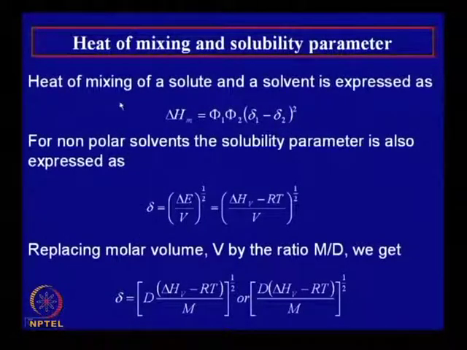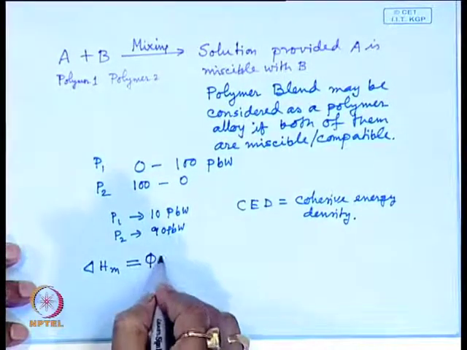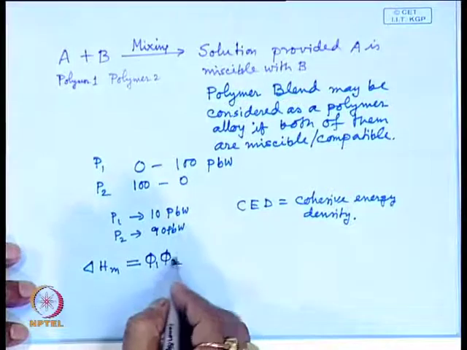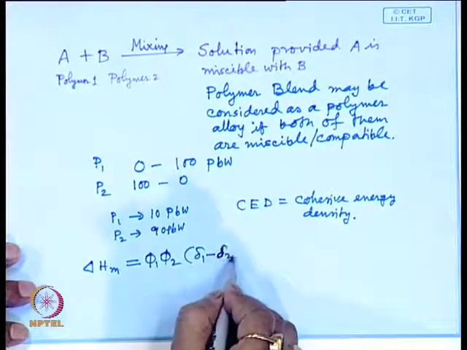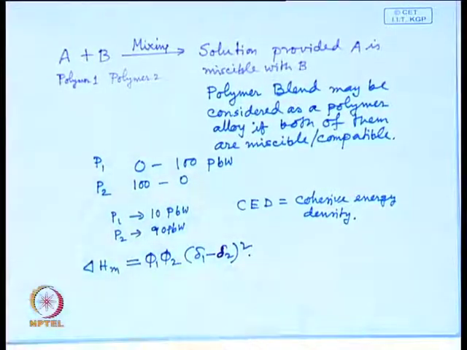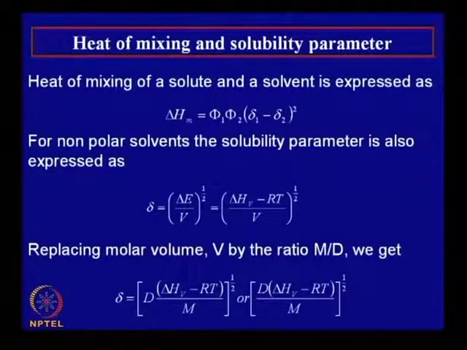Now, you see the heat of mixing of a solute and a solvent is expressed by delta H m equal to phi 1 and phi 2 times the square of the difference of delta 1 and delta 2, where phi 1 and phi 2 are the volume fractions of polymer 1 and polymer 2, or solute and solvent.